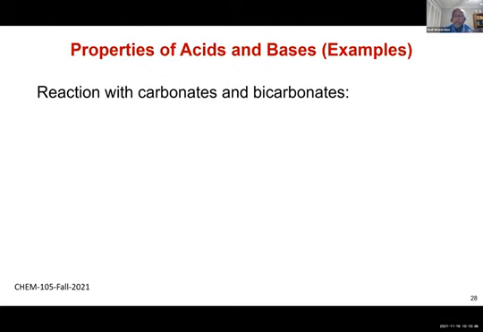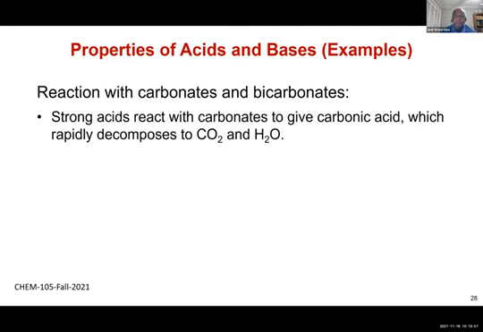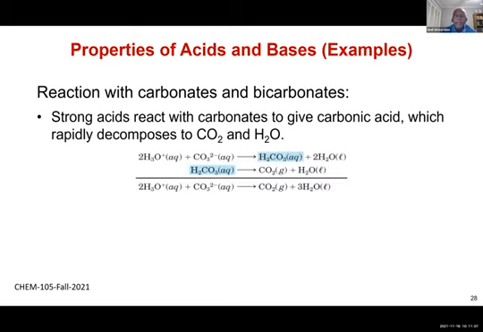We talked about acid reaction with hydroxides, metal oxides, and now carbonates and bicarbonates. When acid reacts with carbonate and bicarbonate, they produce carbon dioxide and water, as indicated in the equations here.